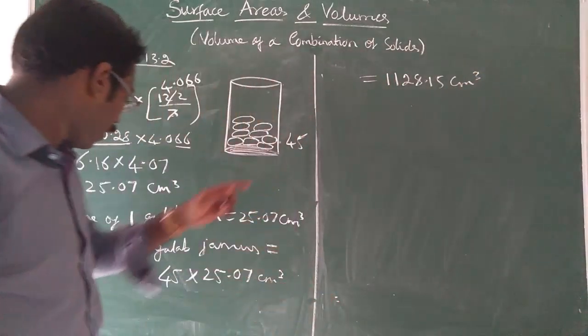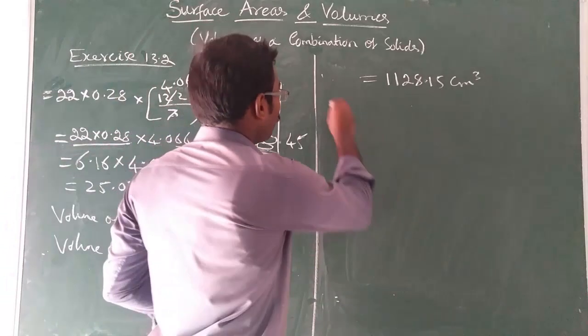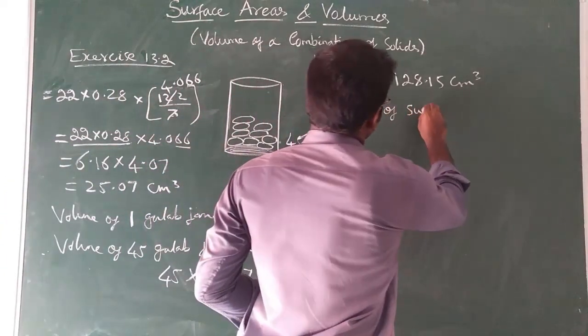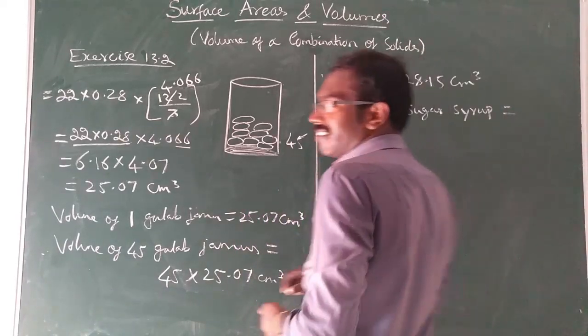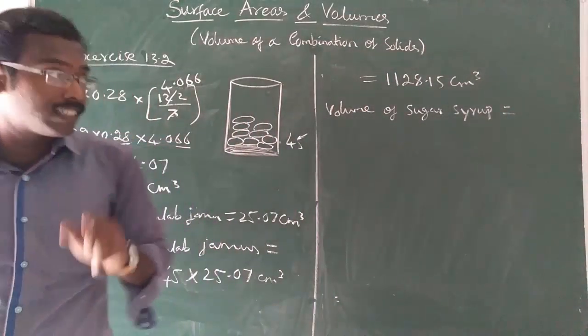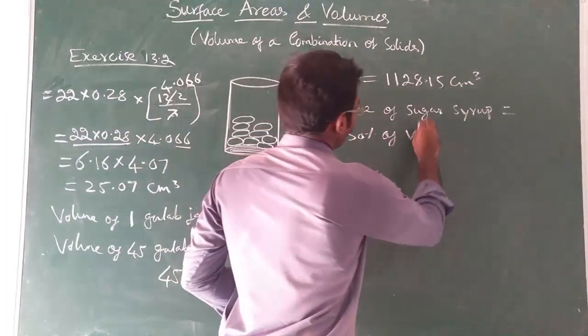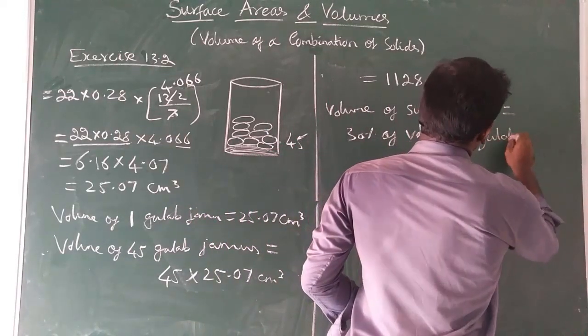This is the volume of the gulab jamuns. But actually what you need is the volume of sugar syrup. In the question it is given that volume of sugar syrup is equal to 30% of the volume of gulab jamun.